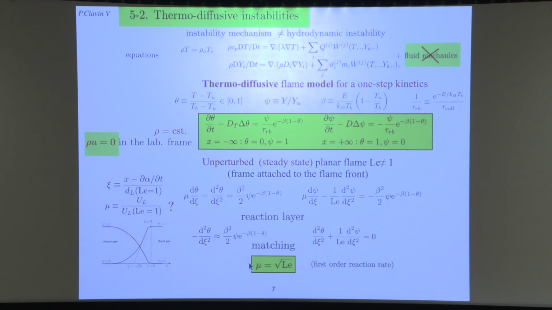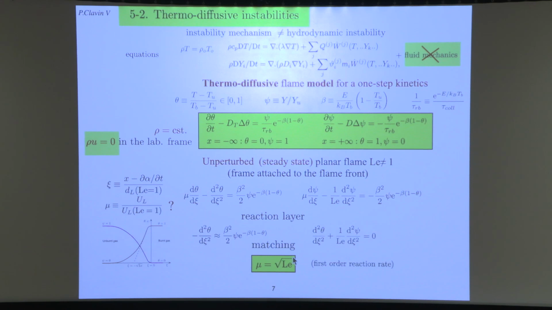And you find that the relative modification of the laminar flame speed, divided by the laminar flame speed for Lewis equal 1, is the square root of Lewis. For Lewis equal 1, this is the previous result that I derived with you.